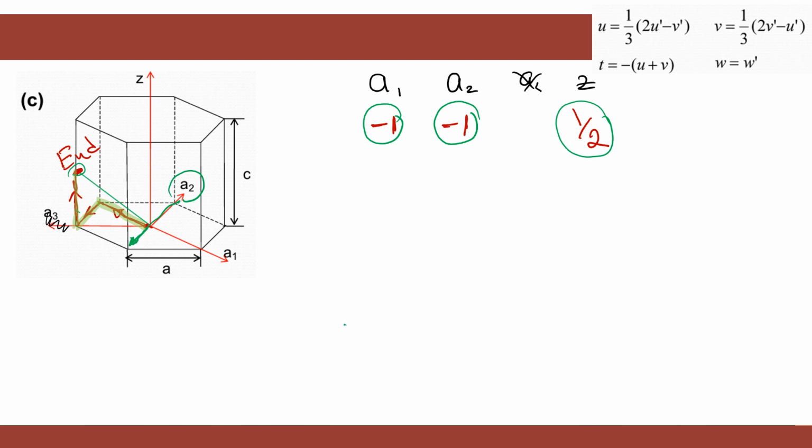Times 2. So -2, -2, and 1. So this will be your U dash, V dash, and the W dash. And now I want you to find the U, V, T, and W, please. What do you get for U, V, T, and W?